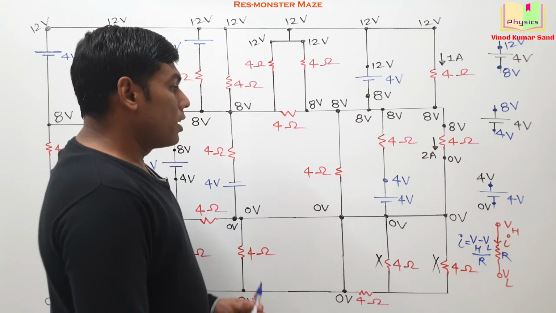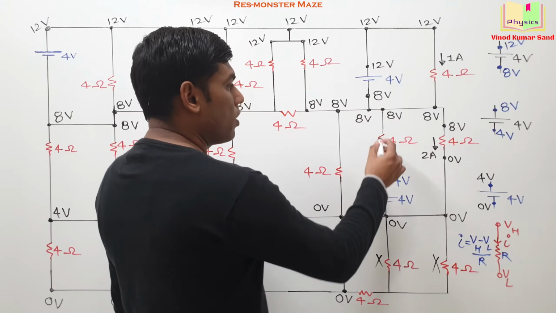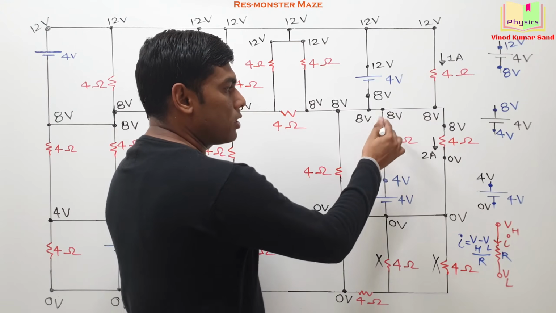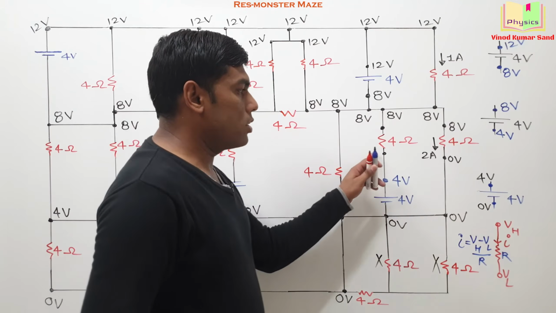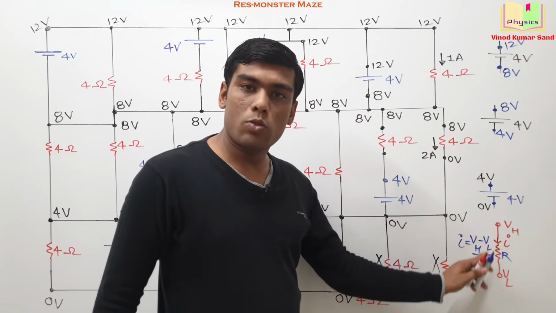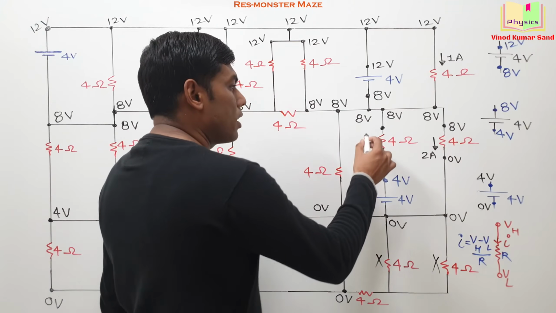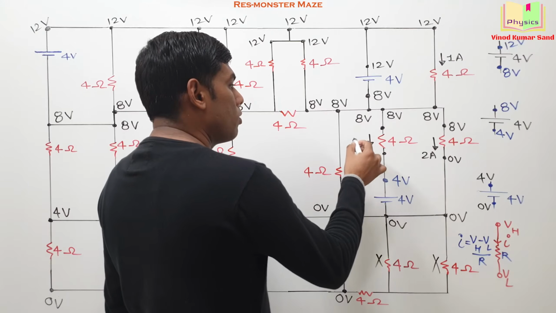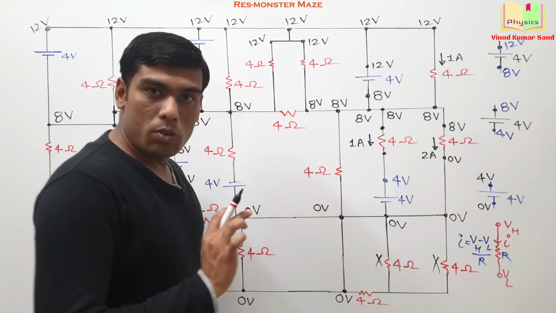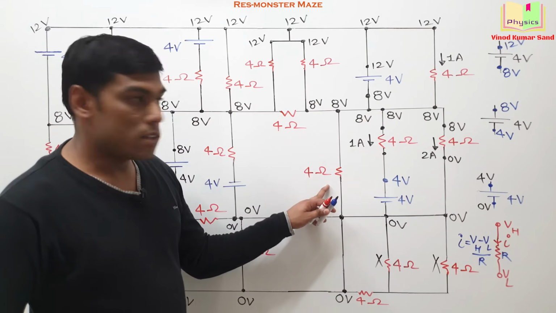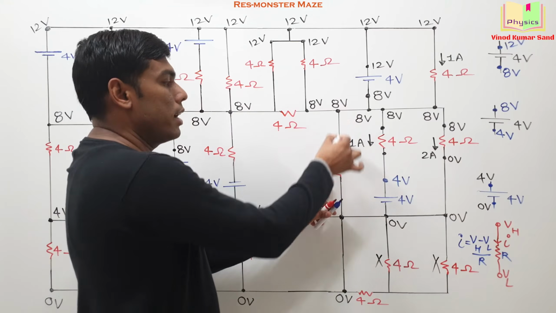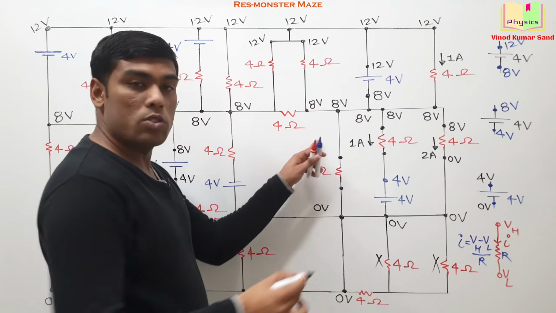Okay, now we can write for this resistance, high potential is 8 volt, low potential is 4 volt. So 8 minus 4 by 4 means this current should be equal to 1 ampere. Is it okay? Now going further, for this resistance, high potential is 8 volt, low potential is 0 volt.